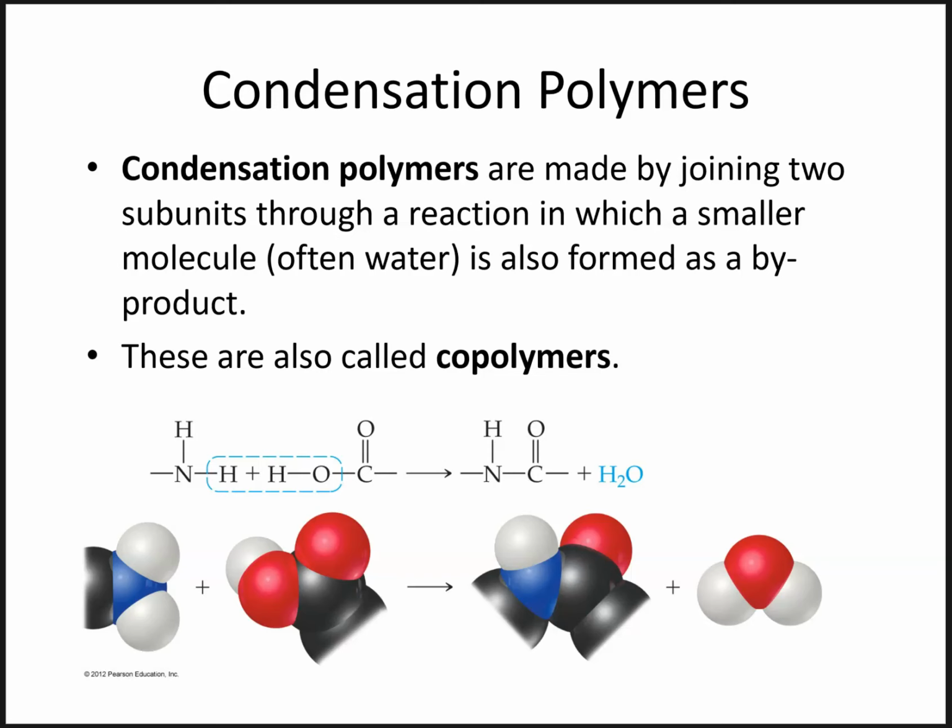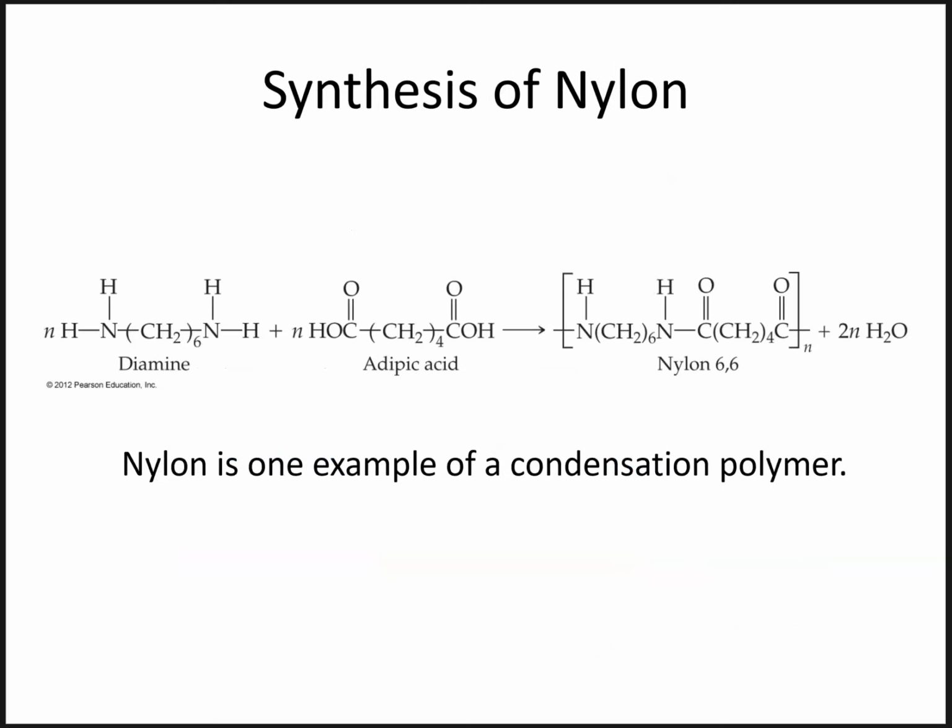And so it takes two different molecules like diamine and adipic acid to make nylon 6,6. You can see here that we've got our nitrogen and hydrogen right here being attacked by an OH right here, causing it to cleave. And we get our resulting nylon structure over here and some water molecules.